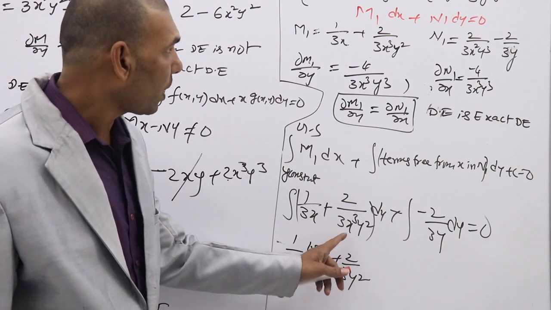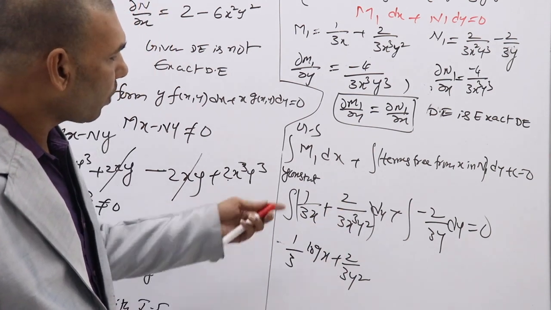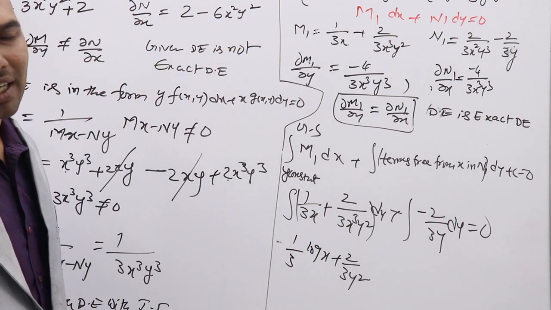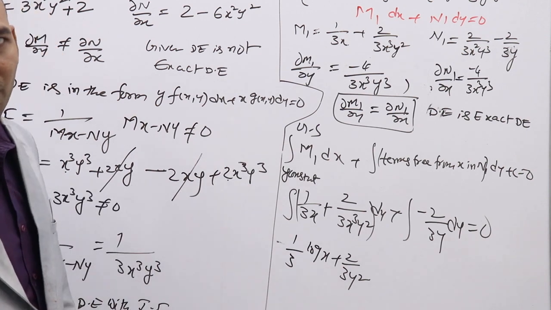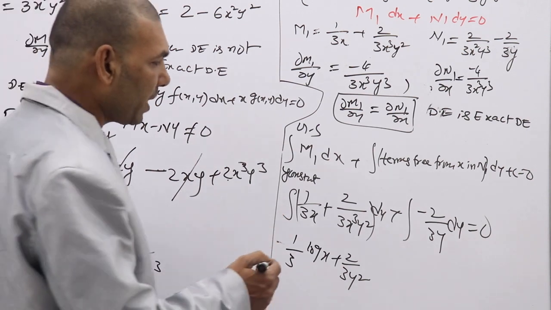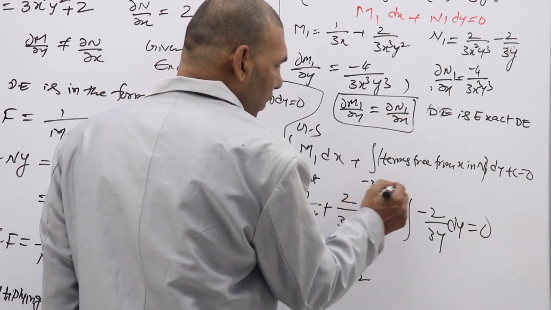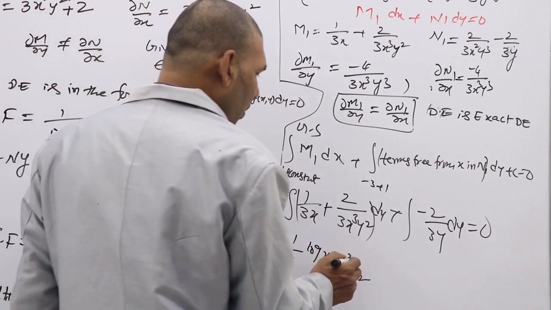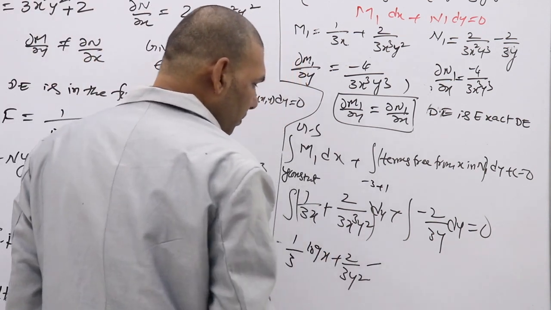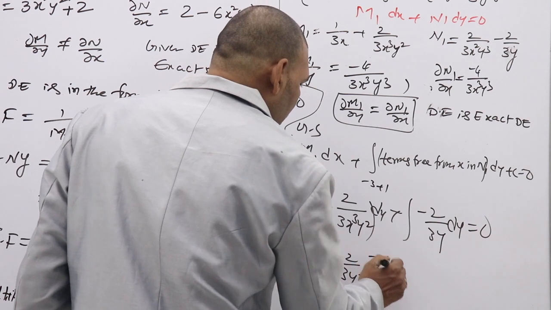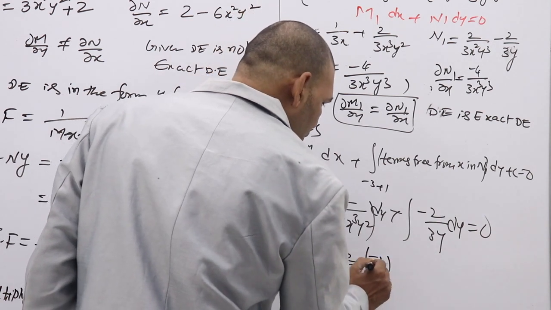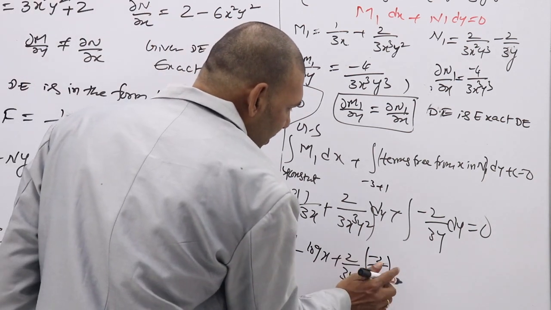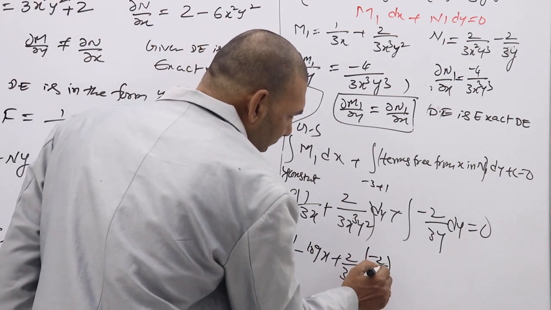Integral 1 by x cube means you will get x power minus 3 plus 1 by minus 3 plus 1, that means minus 2 by x square. Minus 3 plus 1 is minus 2.